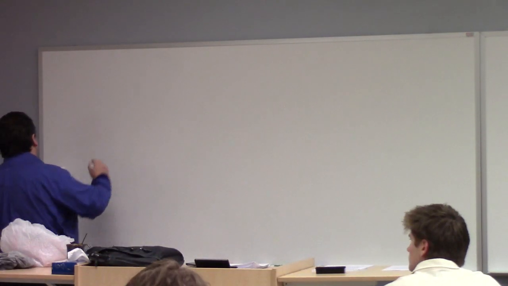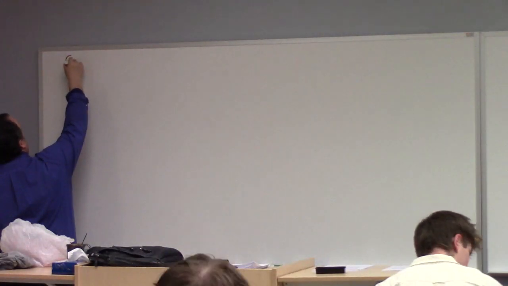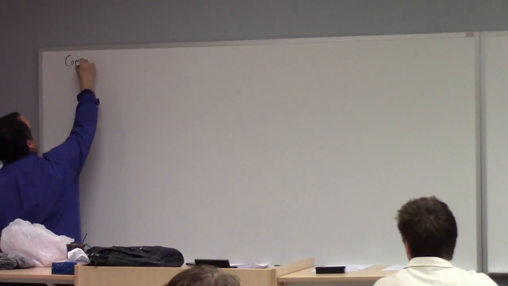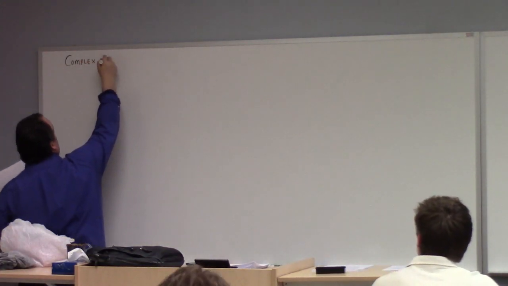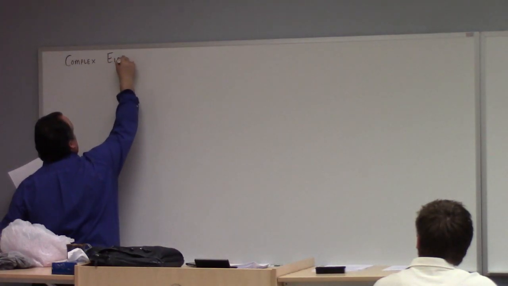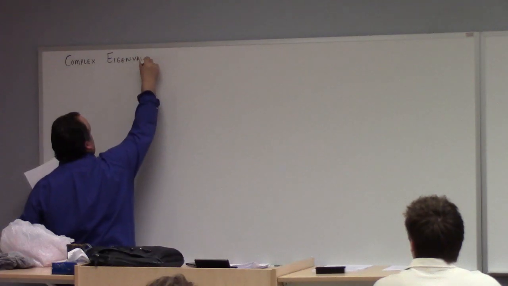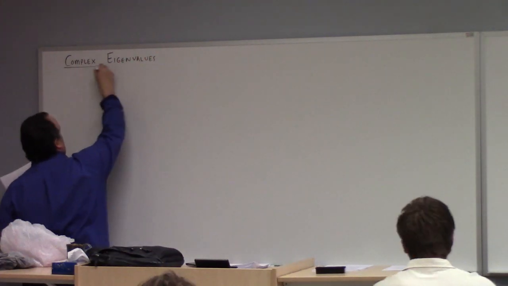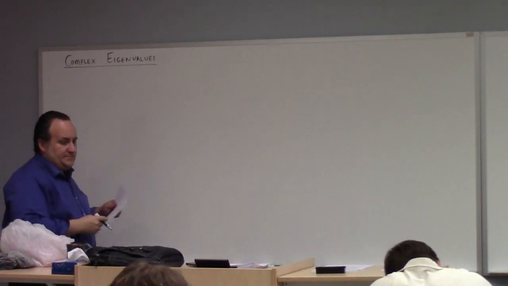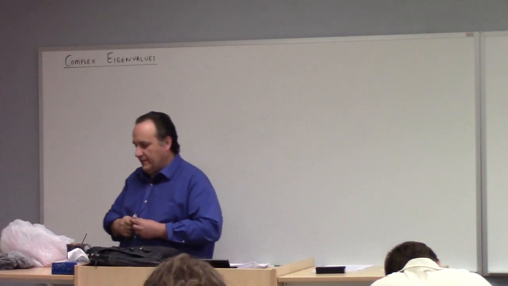And I have told you guys it's not always possible to diagonalize a matrix, right? There's a couple of reasons for that. One is that it could be that all your eigenvalues are real, and despite the fact that all the eigenvalues are real, you just don't have enough eigenvectors.